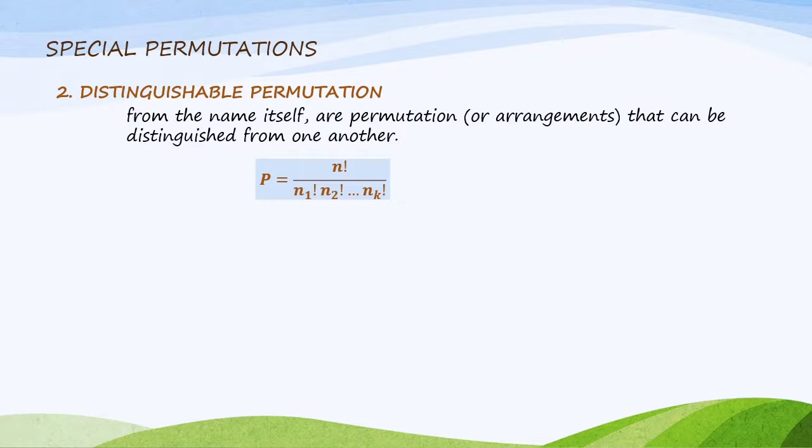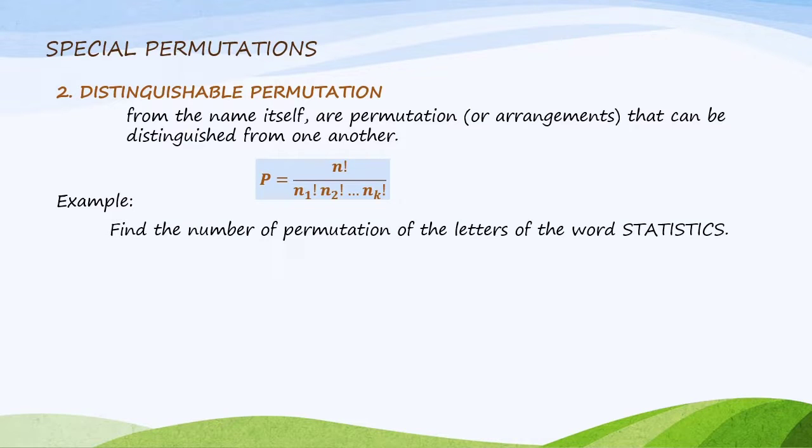To solve this kind of permutation, we use the formula P equals n factorial divided by n sub 1 factorial times n sub 2 factorial up to n sub k factorial, wherein P is equal to the distinguishable permutation, and n sub 1, n sub 2, and n sub k are alike objects.